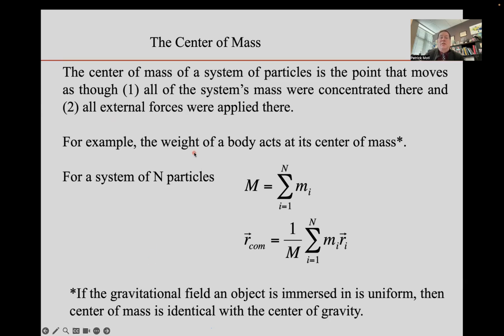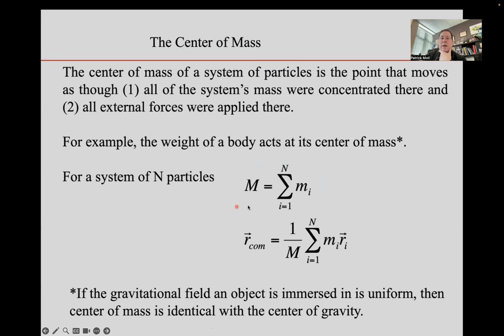So if the system that you're going to deal with is made out of discrete pieces, like I have some stack of blocks, or I have a stack of coins, or whatever it happens to be, those discrete objects, each one has their own center of mass, and I can find the center of mass of the collection with the following sums.